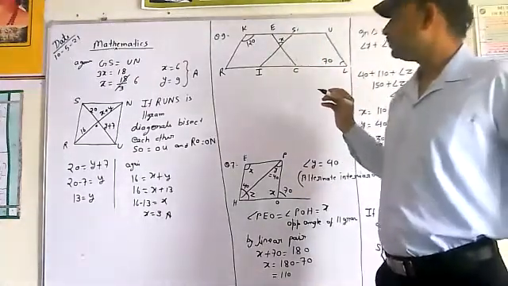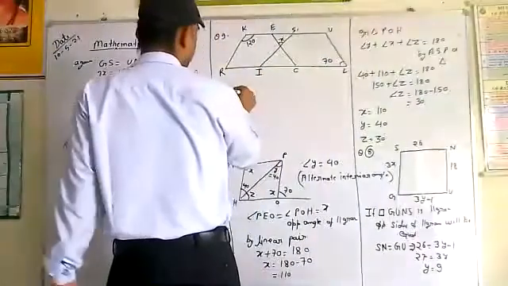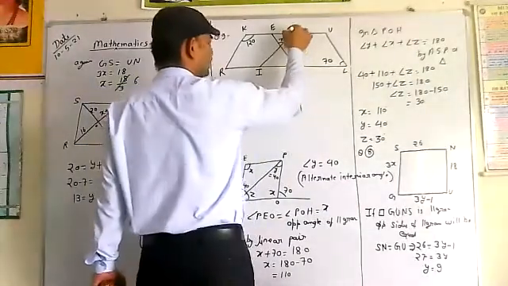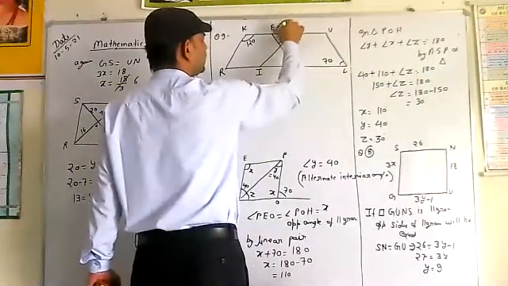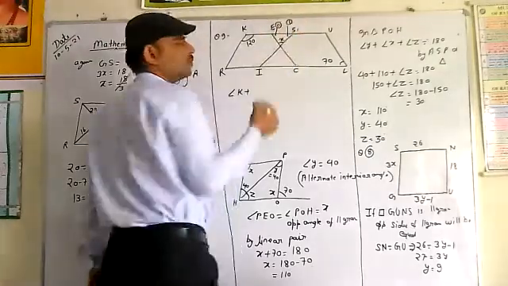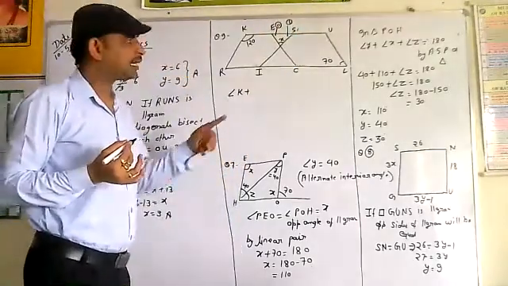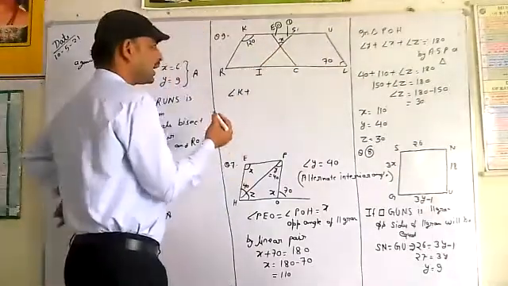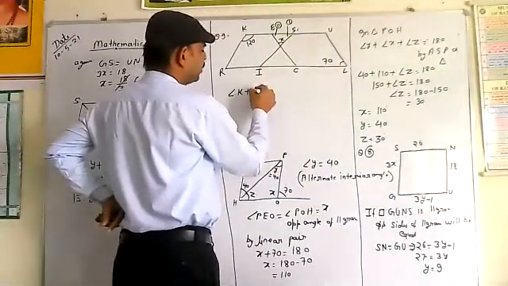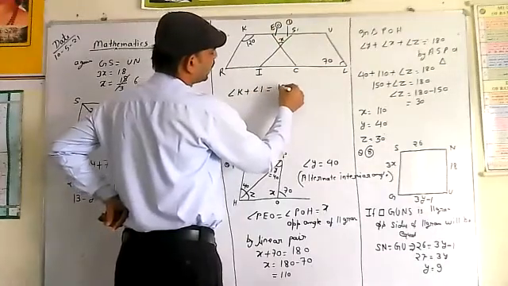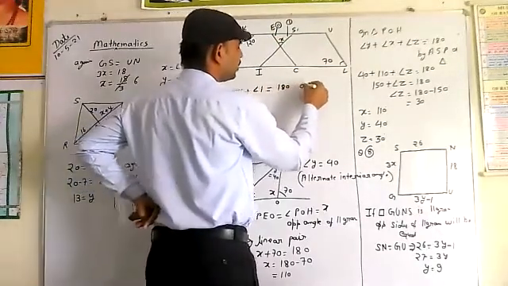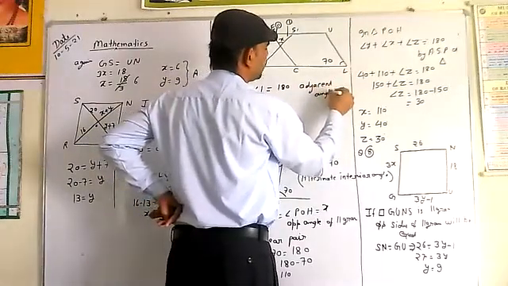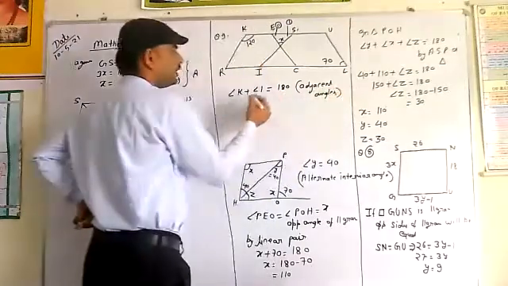We know that angle K plus angle, this angle is let 1 and this angle is let 2. We have to find x, so we will consider this angle. So K plus angle 1 is equal to 180 degrees, adjacent angles. The sum of adjacent angles is 180.